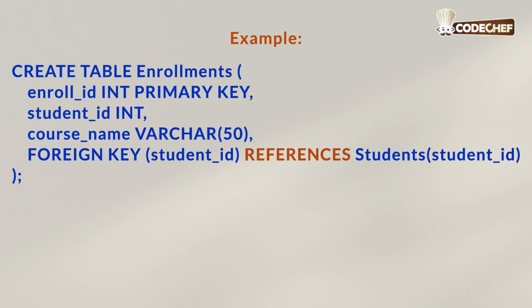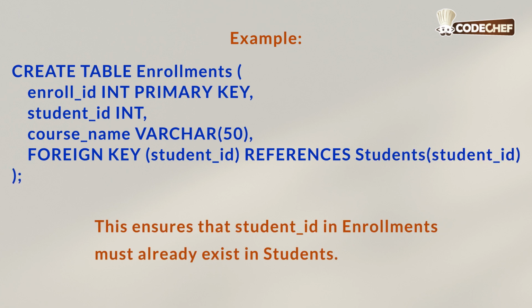So we will write references, then the table name for which student ID is primary key, students, and then in bracket again we will write the column name student ID, bracket close, semicolon. So this ensures that student ID in table enrollments must already exist in table students.